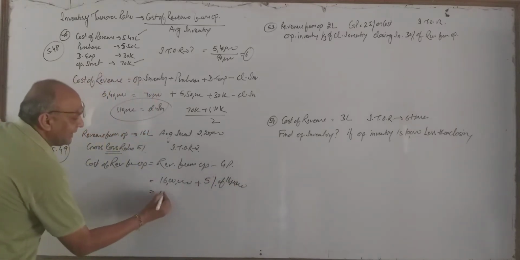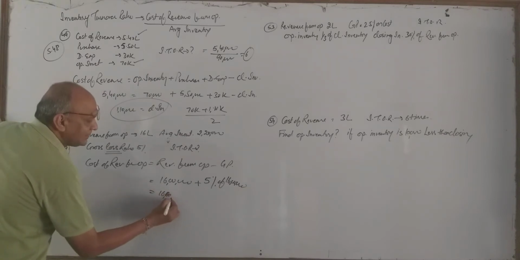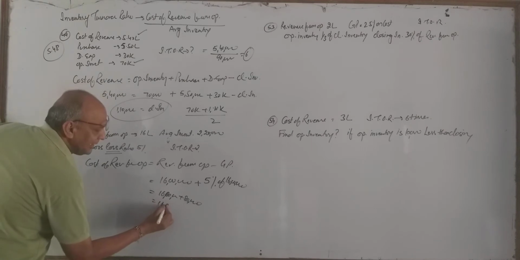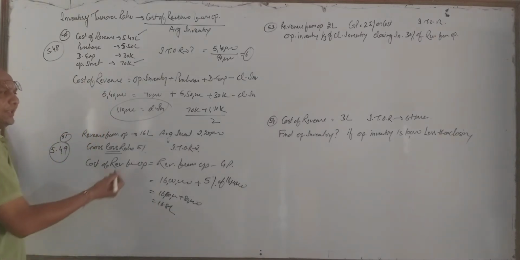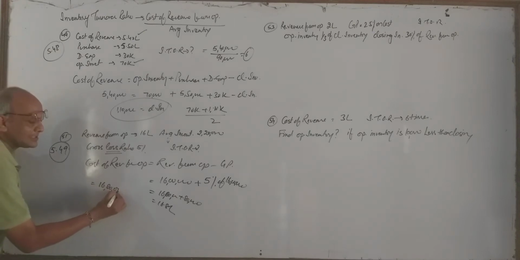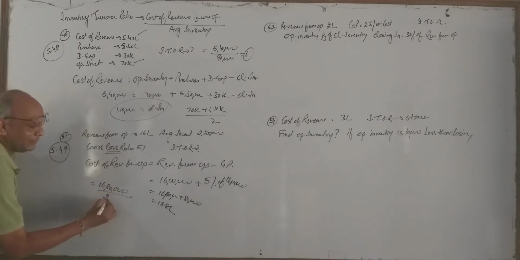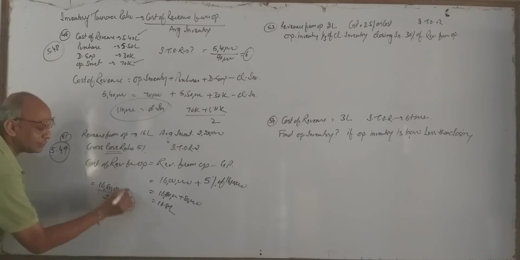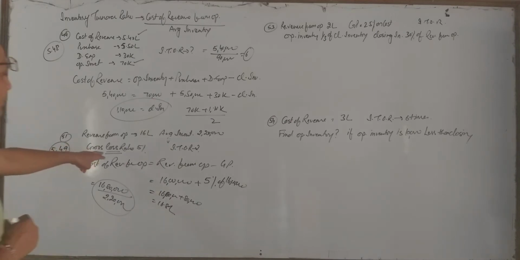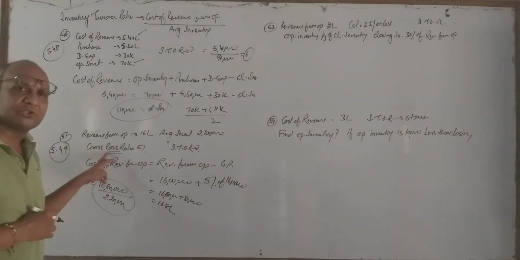So it comes to 16 lakh plus 80,000, 16 lakh 80,000. Now we can calculate easily. Cost of revenue from operation divided by average inventory 2,20,000 gives the answer. This is another kind of sum where instead of gross profit ratio we are given gross loss ratio.